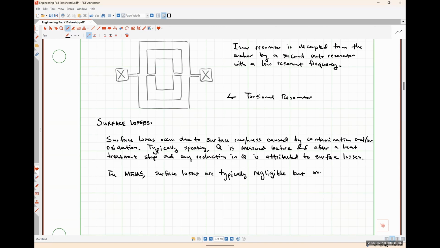But may become significant at smaller scales, meaning nano electromechanical systems. So they really don't mess up enough at the micro scale to cause that many issues. But as we continue to miniaturize things, they become more and more prevalent. No mathematical models or anything like that for this guy. All right.